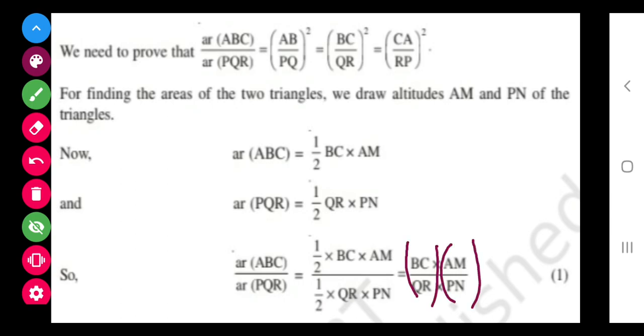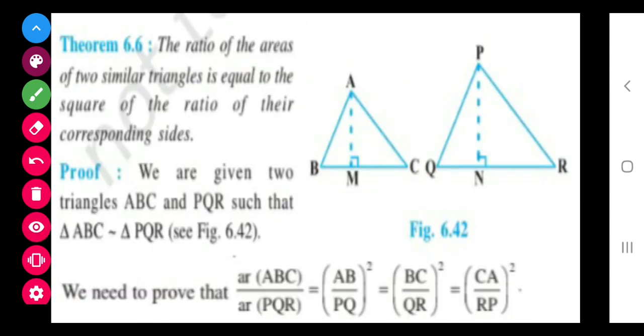Now what we need to do? We need to prove AM upon PN is BC upon QR or any of the side ratio. So class, for that, what we are going to do? We are going to take this triangle and this triangle.